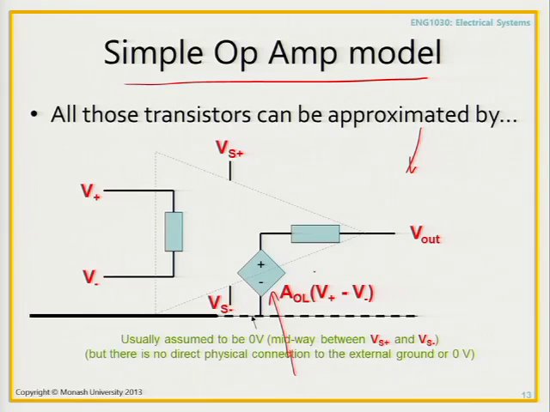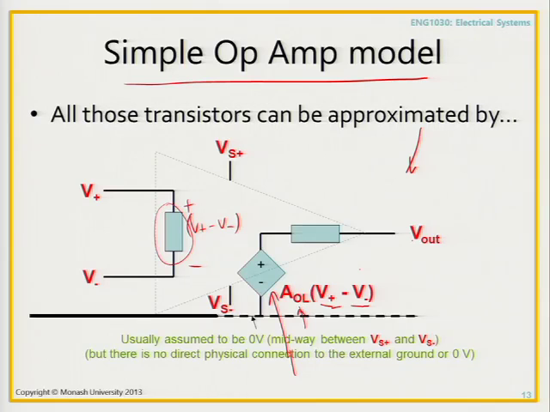You can start seeing why we needed to teach you that, because this A_OL is really the scaling factor, and V plus minus V minus is really the voltage that is controlling the output voltage on this source. So here's V plus, subtract V minus. That's really what the voltage is across here.